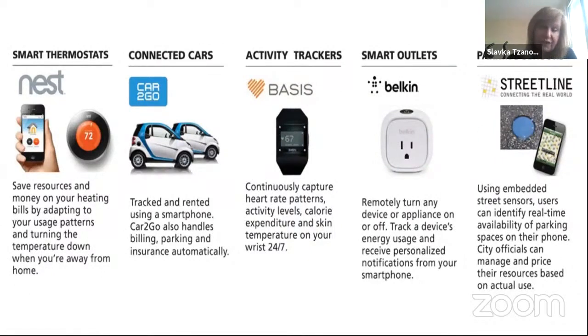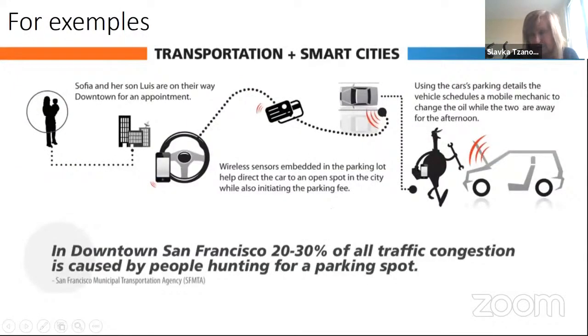Of course, your trainer can control from a distance. Smart outlets, you can control your electrical devices at home from a distance, etc. Parking sensors, I spoke about the parkings and about the traffic control.